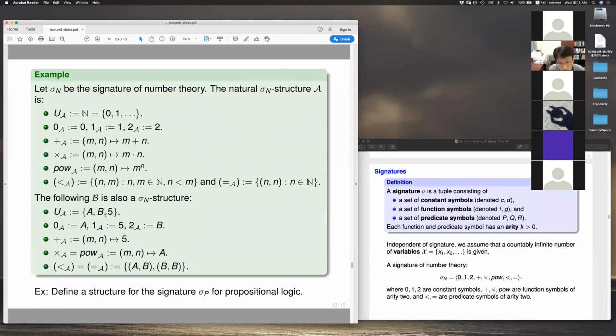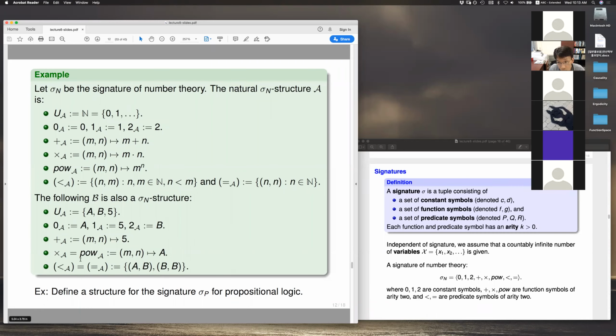Here's a non-standard structure that we can define over this signature of natural numbers. We say the underlying universe is just a set with 3 elements: capital letter A, capital letter B, and number 5. We map 0 to A, 1 to 5, 2 to B. The plus is a binary operation on this universe, but it's the constant function 5.